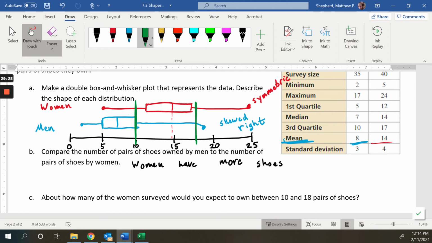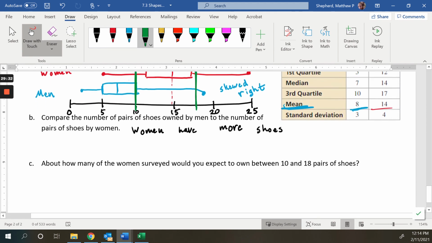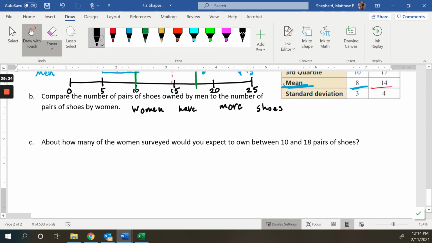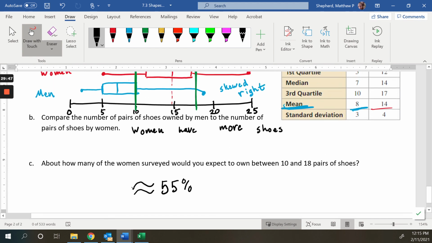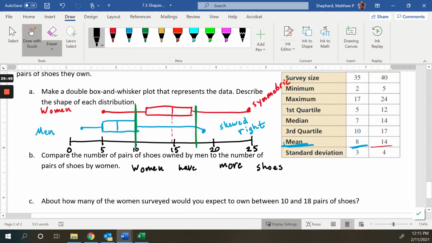We know this box to contain 2/4 or half of all women. So I'm going to give my approximation, I'm going to say approximately 55%. It's definitely over 50%, because that range of 10 to 18 includes the entire box.